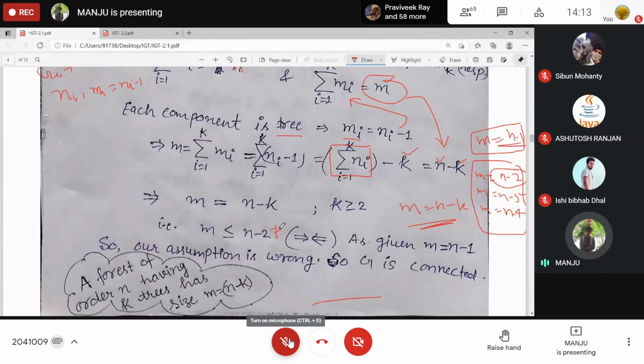Clear? That's why whatever we have assumed is wrong. We assumed there are at least two components, and that is absolutely wrong. There is just one component, and one component means it is connected.